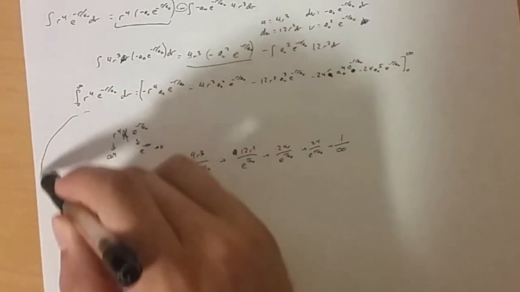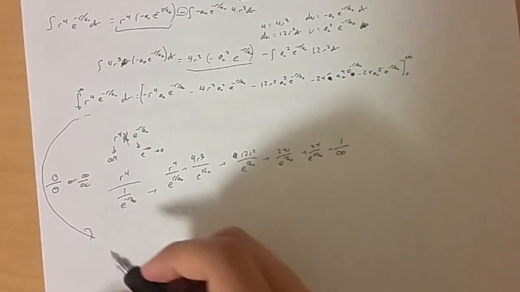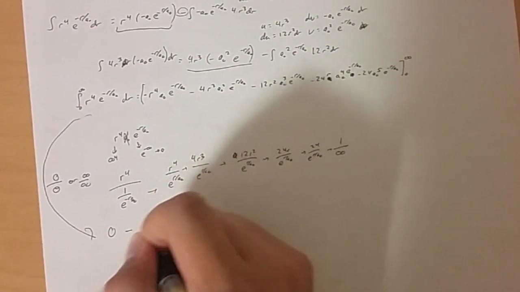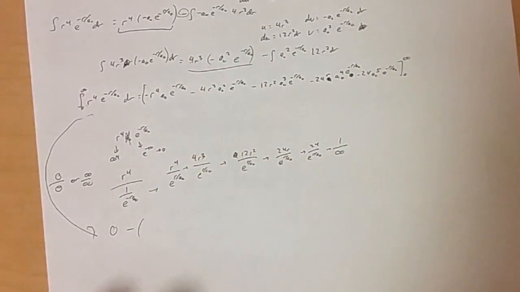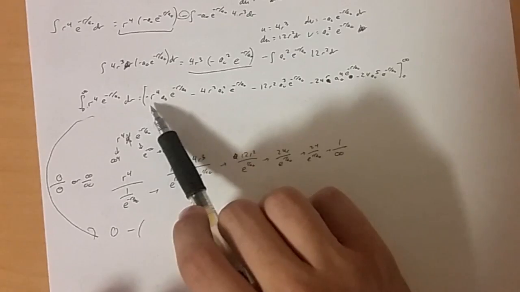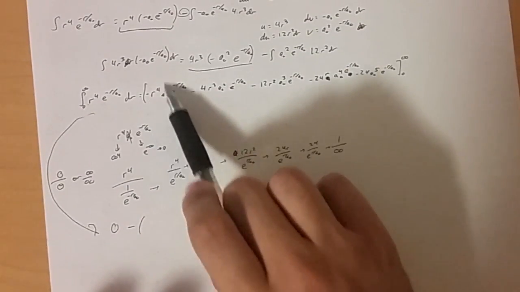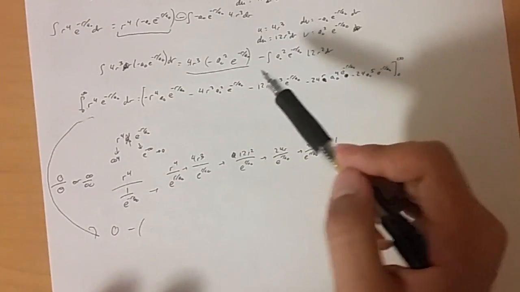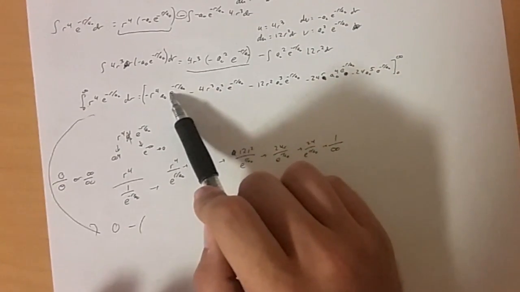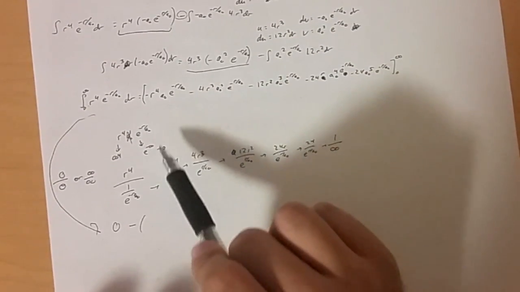So, coming down over here, we've got 0 minus, now we have to evaluate this function at 0. r to the 4th is just obviously going to be 0, and then e to the power of 0 will be 1.